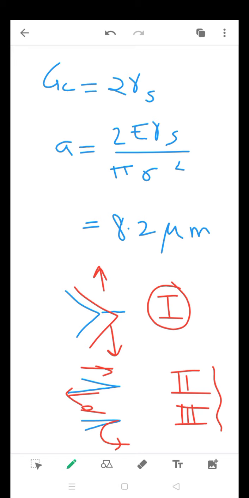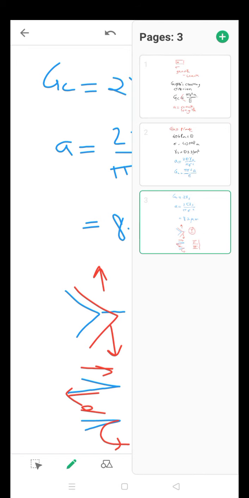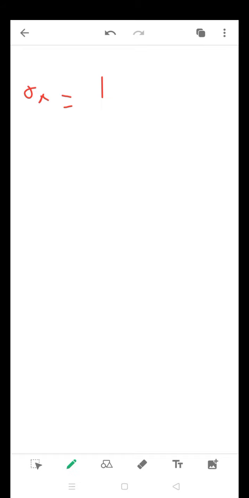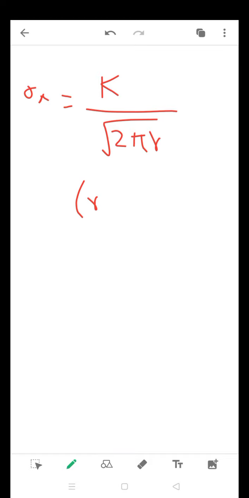So the amount of stress required to open a crack is given as sigma x is equal to K, which is the stress intensity factor, divided by root 2 pi r. This is done in planar coordinates, where we have r theta. This is the coordinate, and we have a function fx theta here. So this is for the x-axis.